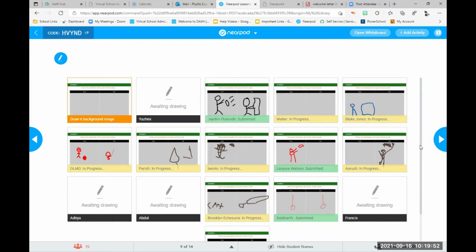In Nearpod, it's difficult to write words on there. I get it. But when you're submitting your diagrams and pictures to me, we are going to start asking you to label them, and I'll be asking you to resubmit with labels.